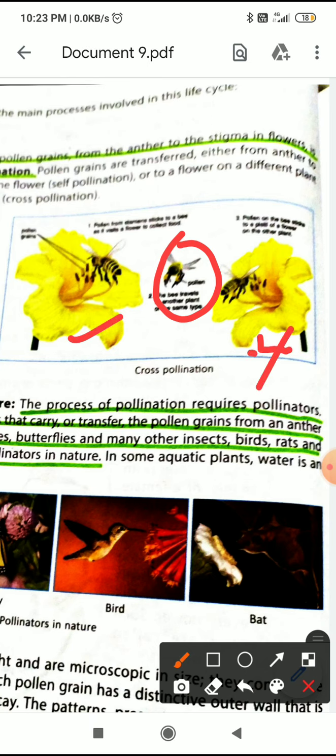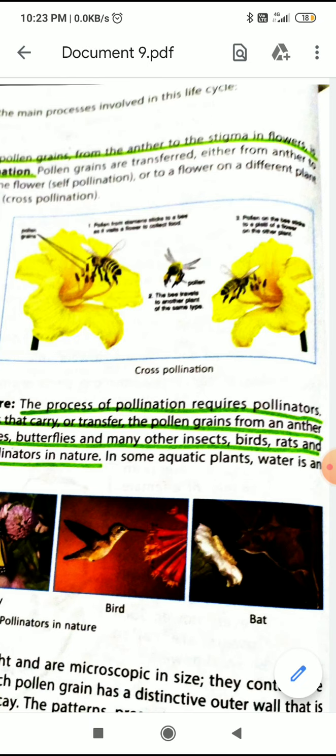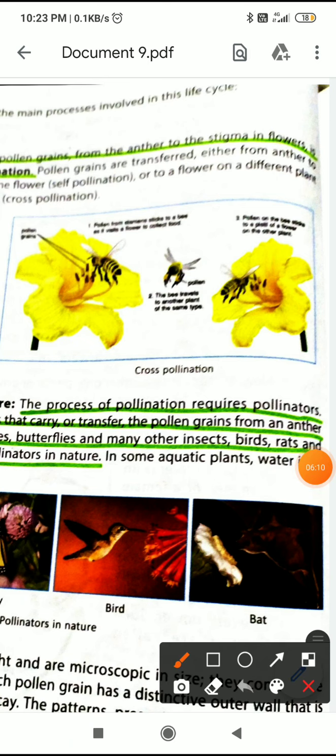No, it is the same species of a different plant. You can take the example that if this is a yellow flower, you can take a red flower also, of the same China rose, and that will be cross pollination. Clear?